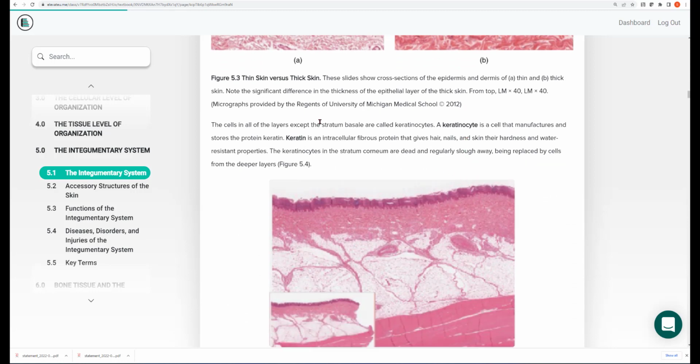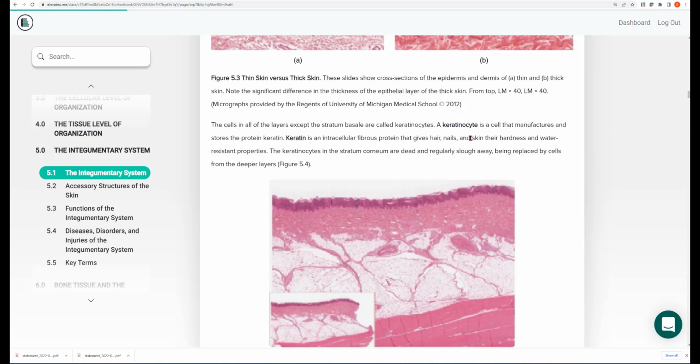Now, the stratum basale is the bottom layer of the epidermis, and except in that layer, all the other cells are referred to as keratinocytes. Why? Because they are cells that are making and storing a protein called keratin.